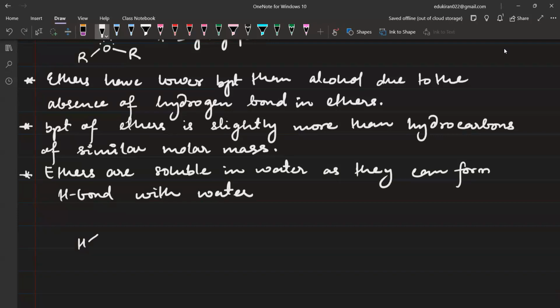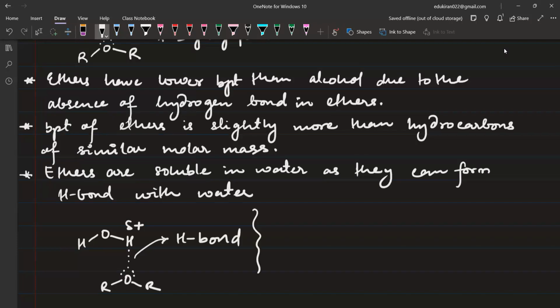How is it possible? We have HOH in water, and in ether we have oxygen, which has lone pair electrons. So this hydrogen atom, which has a highly delta positive charge, interacts with the oxygen atom like this, and this leads to formation of the hydrogen bond between water molecule and ether, which leads to the solubility of ethers.